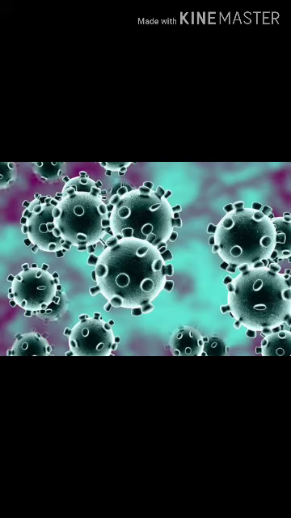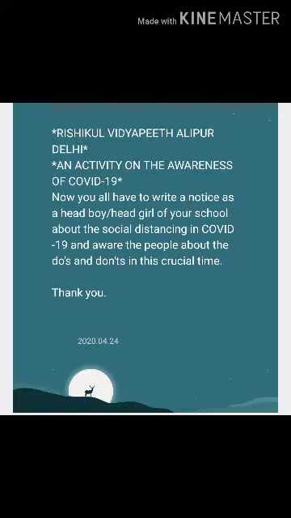Here it is. Why are we conducting this activity related to COVID-19? Just to spread awareness among the people. So what you have to do is, the question says that you have to write a notice as a head boy or a head girl of your school about social distancing in COVID-19.